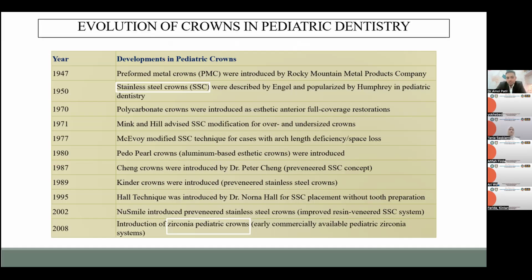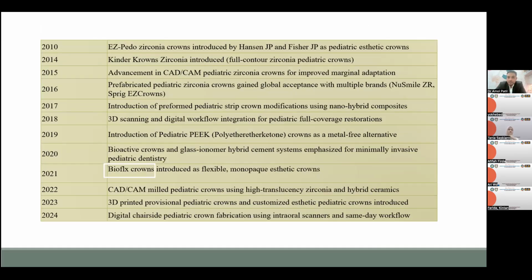Because of which, in 2008, almost 50 years after stainless steel crowns were launched, zirconia crowns for pediatric patients were launched. Zirconia crowns were aesthetic, and plaque accumulation was less. The only problem with the zirconia crown was that too much aggressive preparation, or butchering of the gingiva, was required, because of which minimally invasive options were thought of.